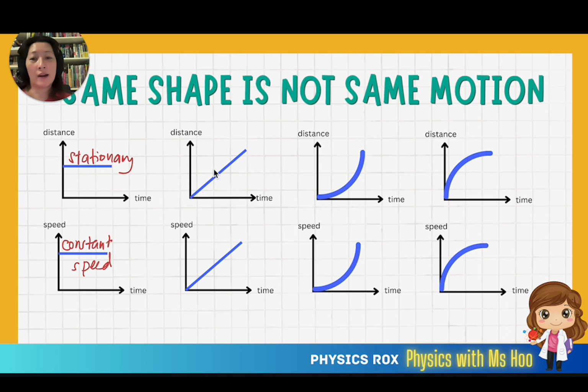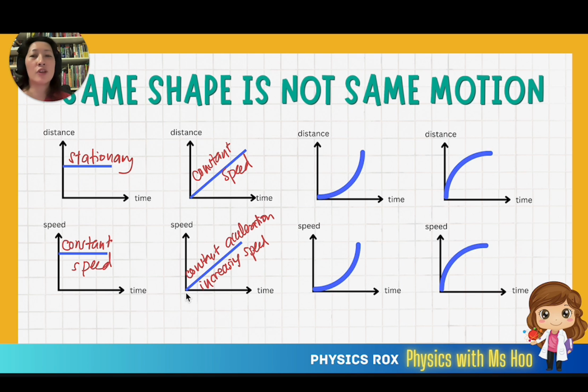Likewise, for a distance time graph, if you get a linear graph like this, this tells us the distance is increasing at a constant rate. This is constant speed. But for a speed time graph, the speed is increasing. So it's an increasing speed at constant acceleration.